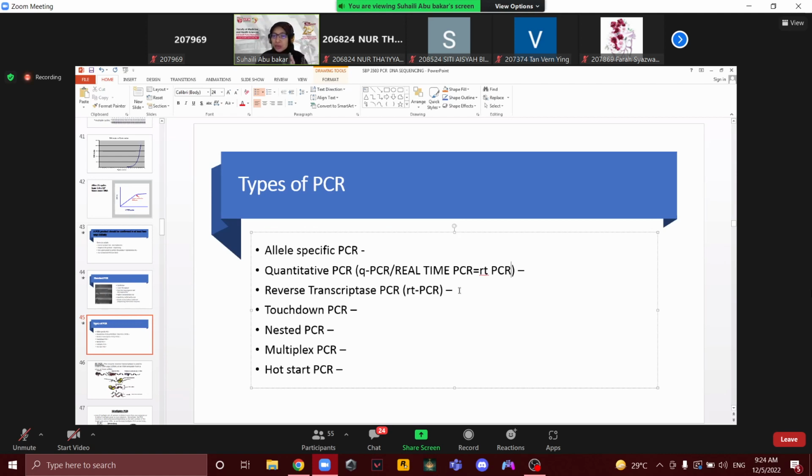When you read the method carefully, you will know. When they mention RT for this one, you know this is real-time. If they mention RT for reverse transcriptase, from the method you know already. This one is more about the conversion of RNA to cDNA. But because the acronym for reverse transcriptase is RT in small letters, sometimes some scientists also use small-letter RT for real-time PCR.